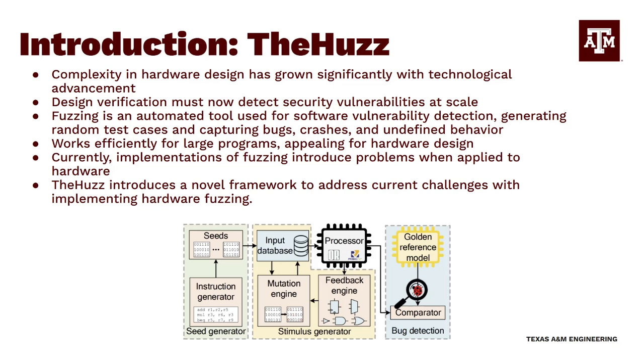When we have hardware design, we need to have design verification that is able to detect security vulnerabilities at any scale, complex, non-complex, and everything. And fuzzing is an automated tool used for software vulnerability detection, which generates random test cases capturing bugs, crashes, and unwanted behavior. This works efficiently for large programs, and so this sounds very appealing for something like hardware design.